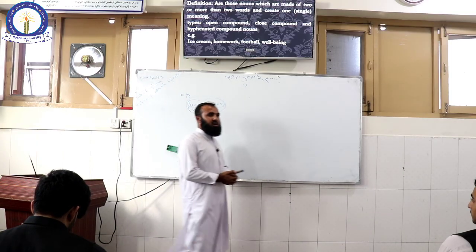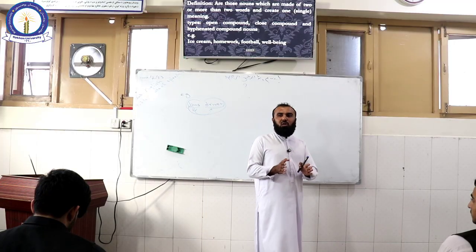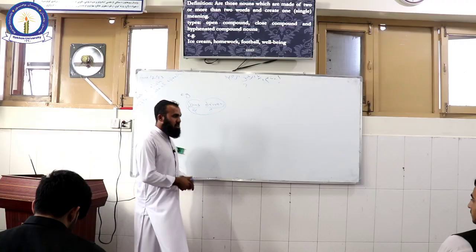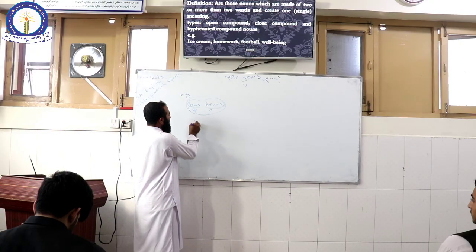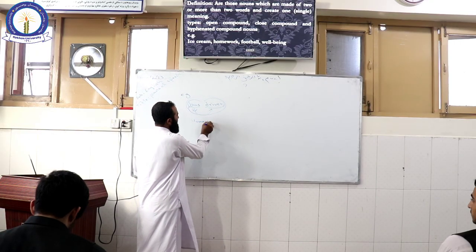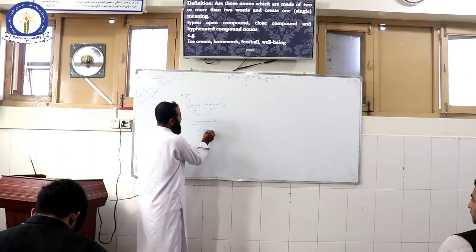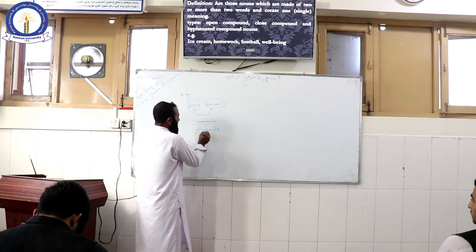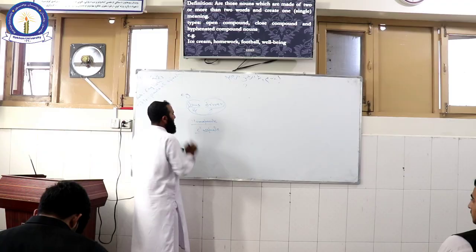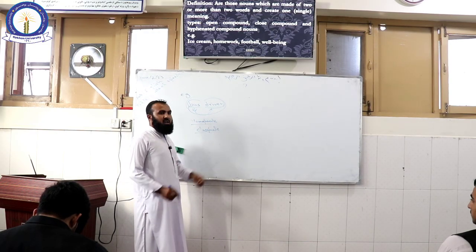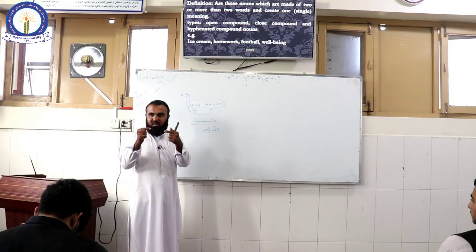And closed compound nouns are those nouns which are written as one word. Okay? Like homework, classmate. There isn't any space between these two words, home and work.